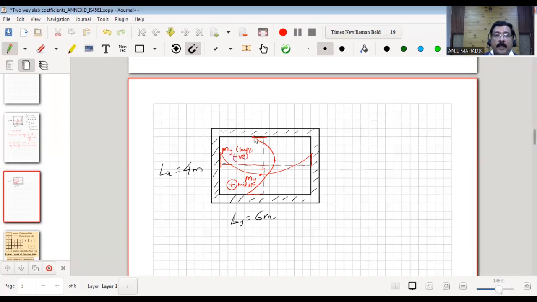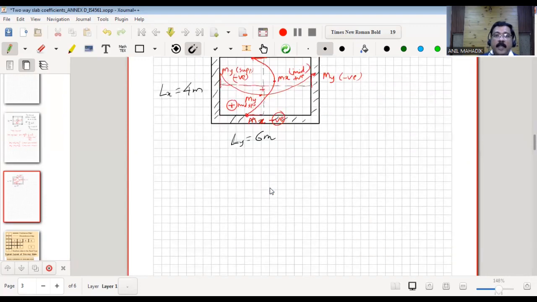Similarly, for the short span, this will be Mx support, and that too negative. This will be Mx mid span, positive. Again here, same Mx negative. And here also this one will be My negative. Both the values are the same.